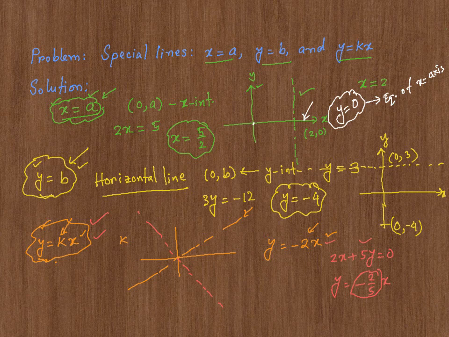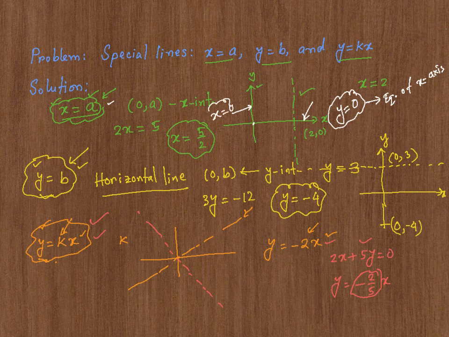And then the other special case is the equation of the y-axis, which is a vertical line, and of course is going to be of the form x is equal to a. Any point on the y-axis has an x value of 0, which means the equation is going to be x is equal to 0.